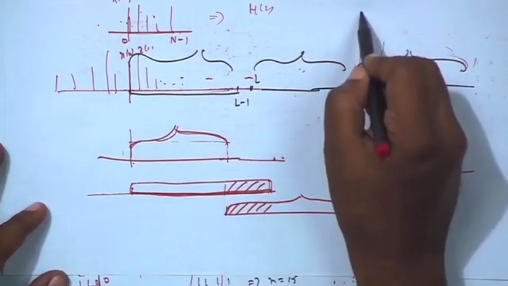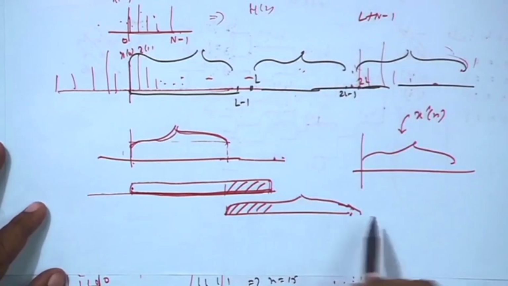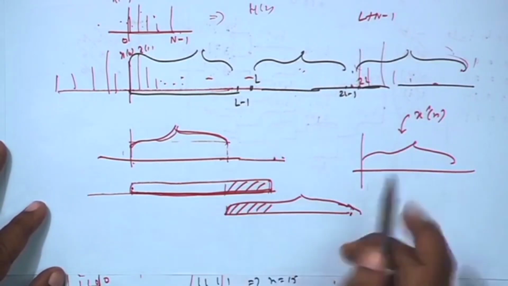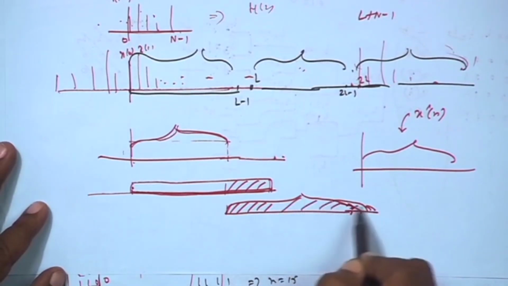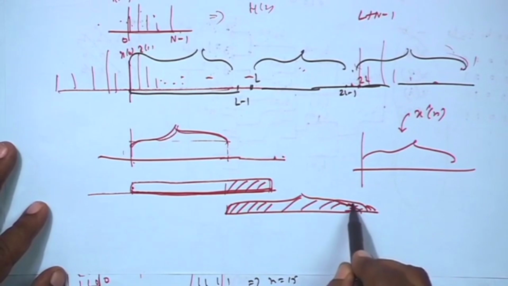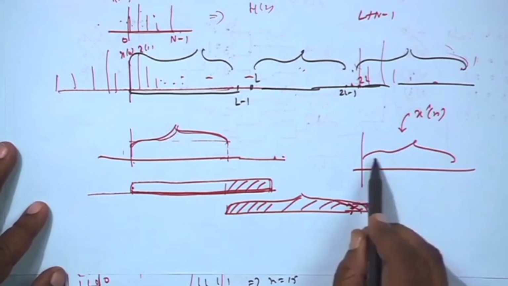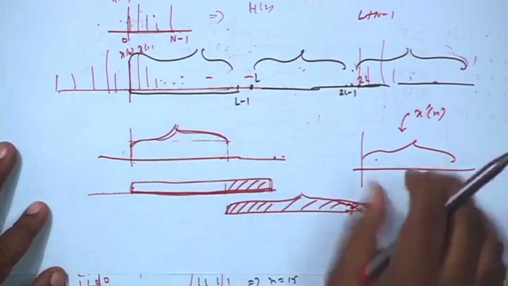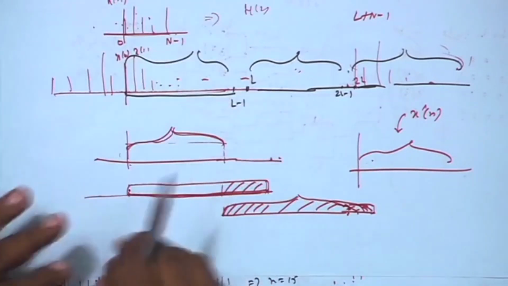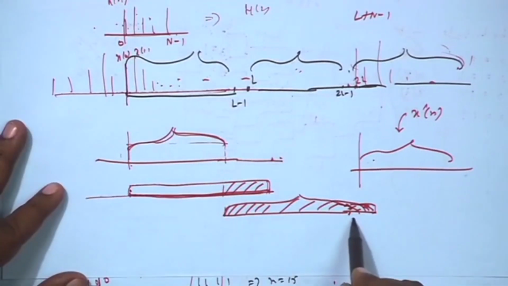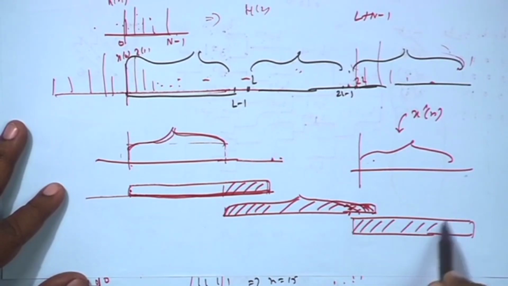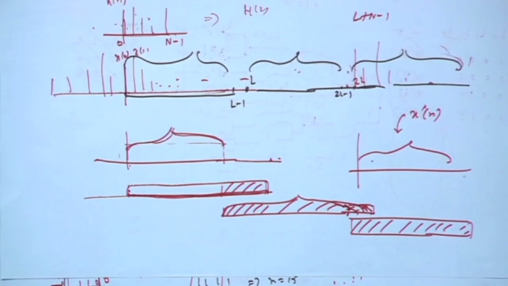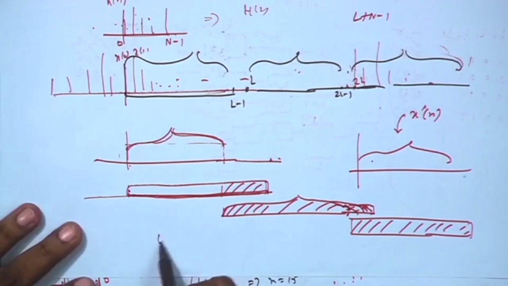It actually becomes L plus n minus 1 total length. So again it will enter the next block. Then again you take convolution between these two. First you shift it here, convolve the two, and then shift the result here. So again there will be things like this. This is called the overlap and save method.